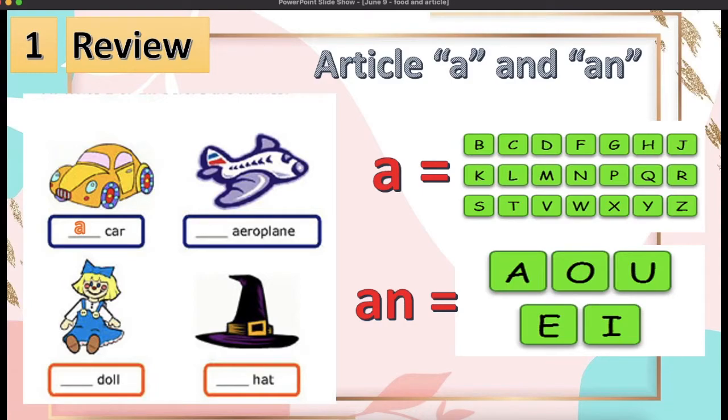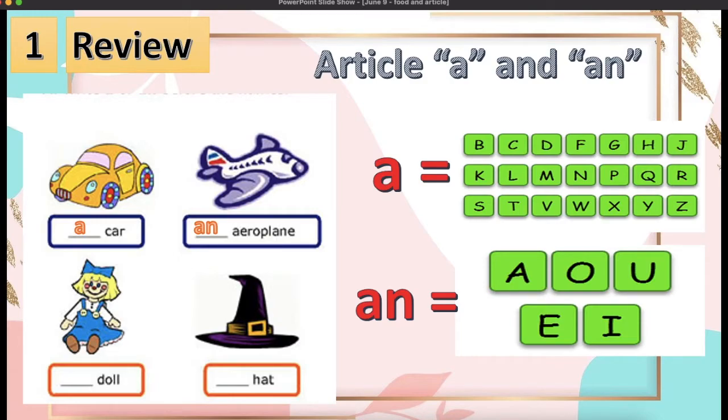Now let's move forward to the next one. Airplane. It starts with letter A and its sound starts with A as well. We are going to use an airplane. Next one. Doll.